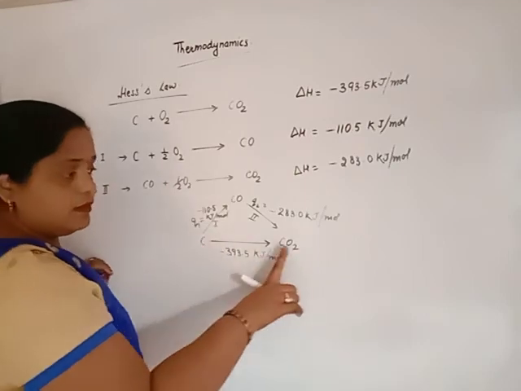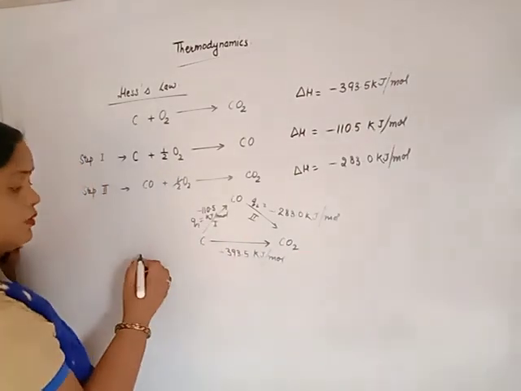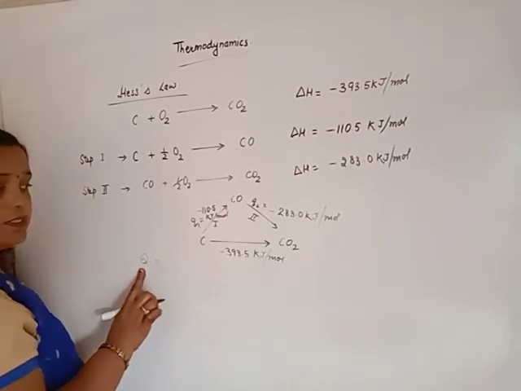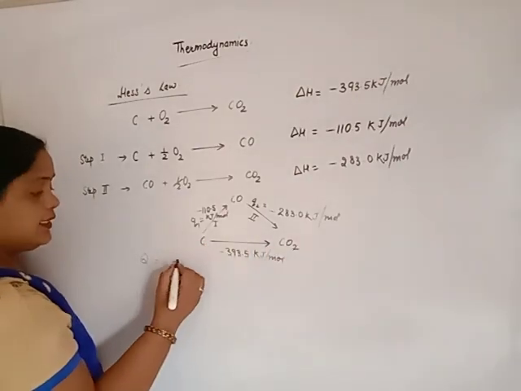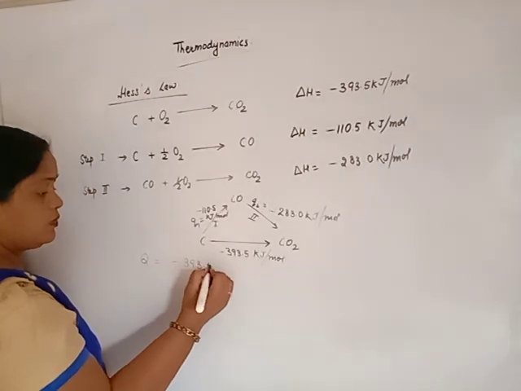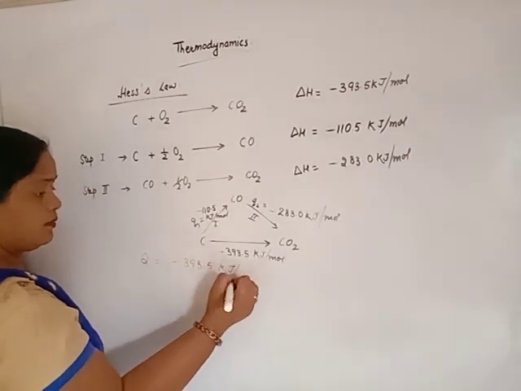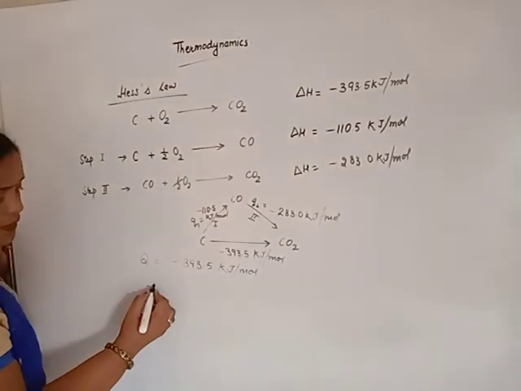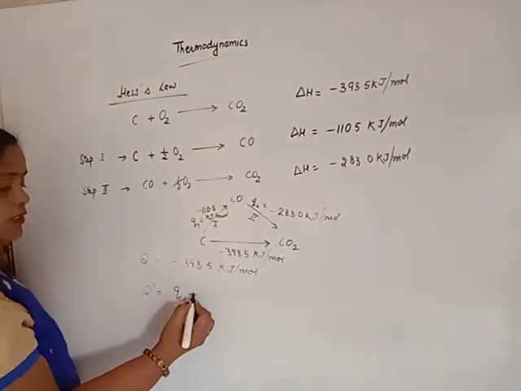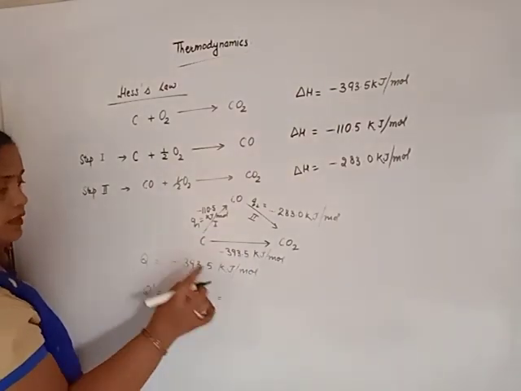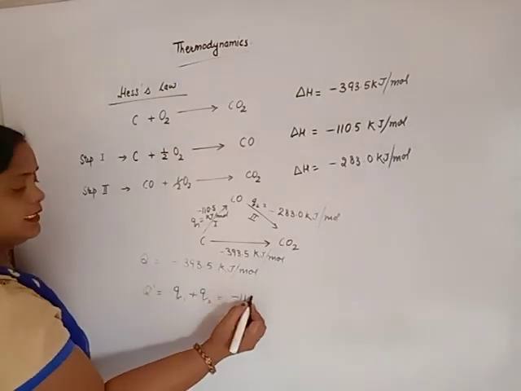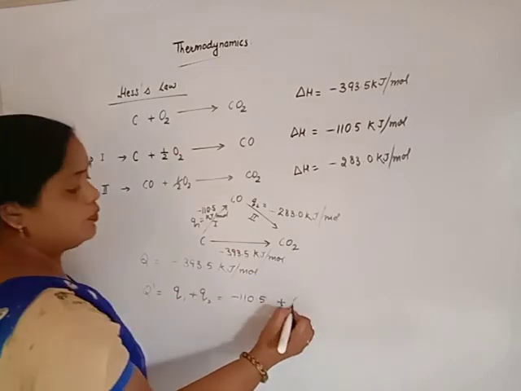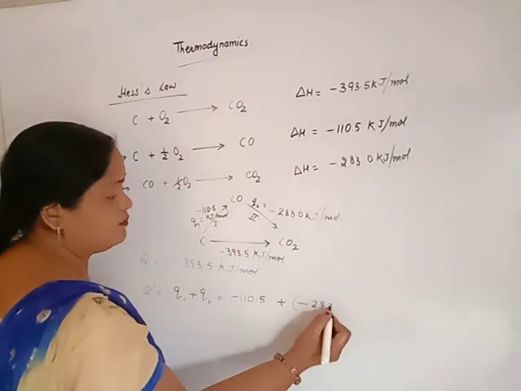Q is when the reaction takes place in one step, which is 393.5 kilojoule per mole. Now in multi-step, Q dash is calculated by adding Q1 plus Q2: minus 110.5 plus minus 283.